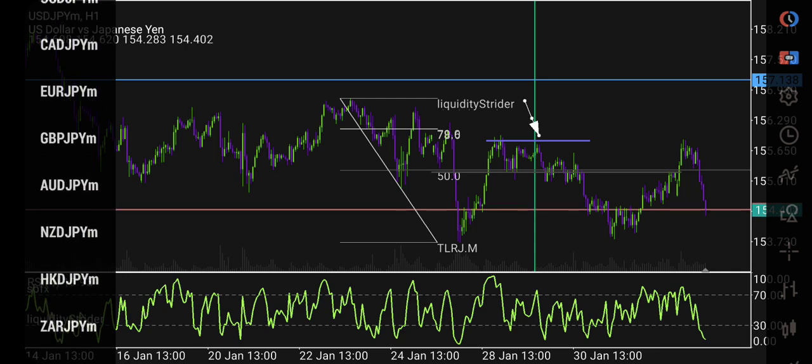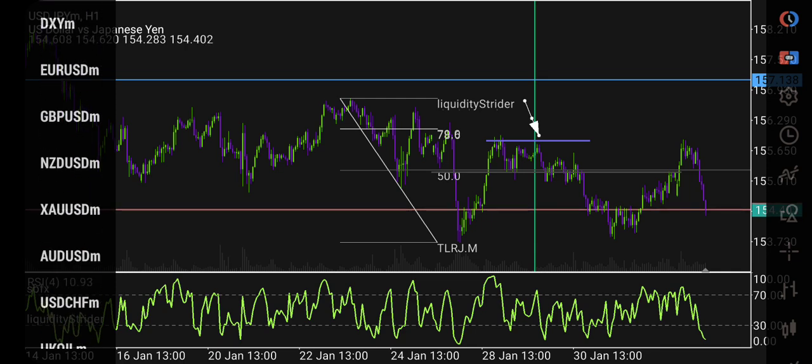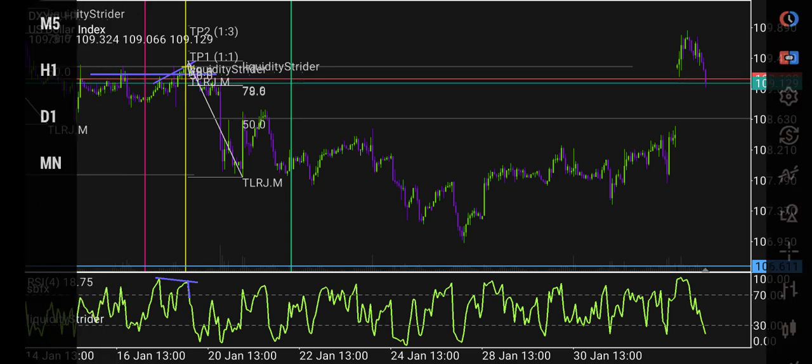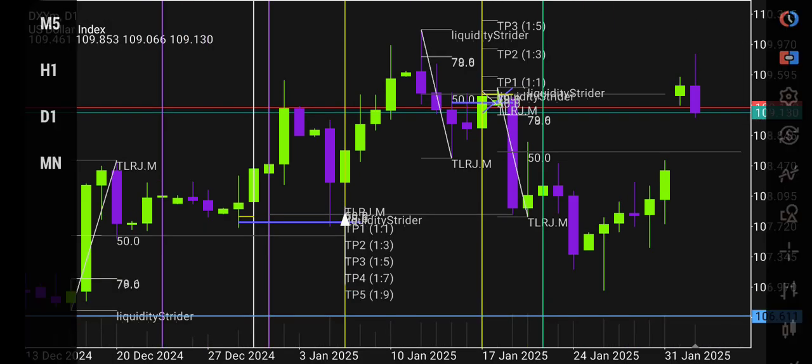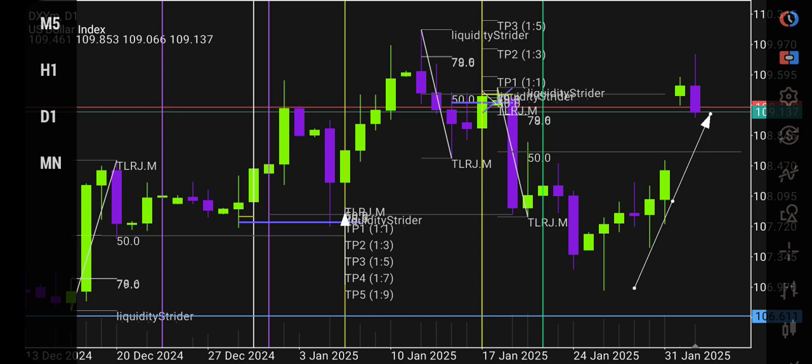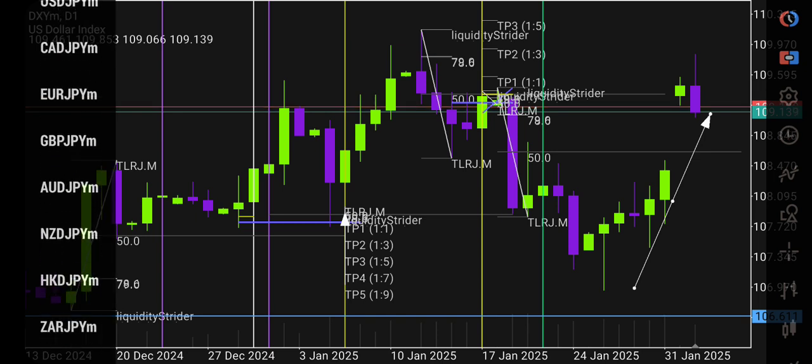Over here, the dollar is powerful. The dollar is in strength. It's starting to make higher highs, higher lows. But against the Japanese yen, I guess it's not.